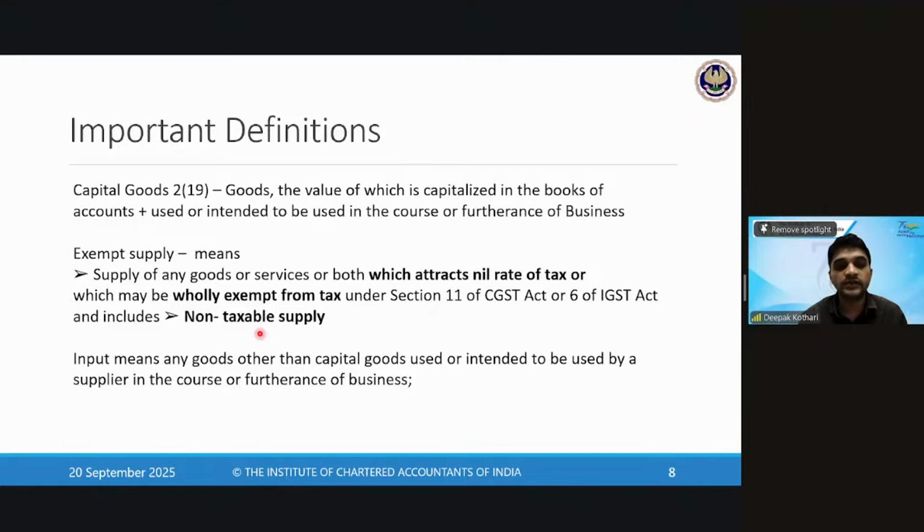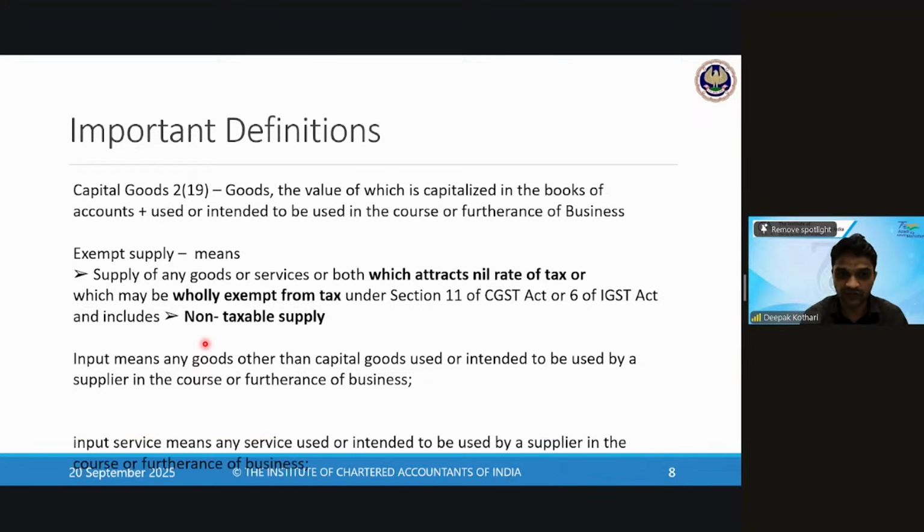Okay. Input means, what is the definition of input? Input means any goods other than capital goods which is used or intended to be used by a supplier in the course of furtherance of business. Meaning, what is an input and what is not, you do not have a kind of list. Whatever you buy and which you are intending to use for your business, they are inputs.